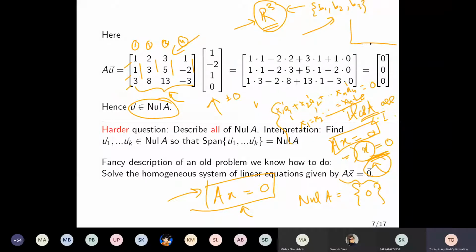So let us say this is like R2. The moment I have two vectors that make an angle, that is enough for me to fill the whole of the space, right?